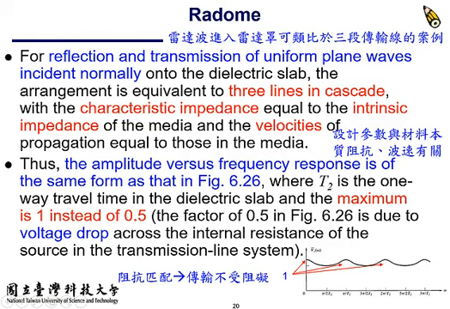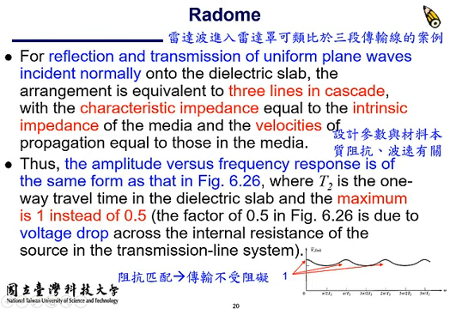想想看，为什么可以做成这个样子。For reflection and transmission of a uniform plane wave incident normally onto the dielectric slab, the arrangement is equivalent to the three-line cascade, as we have seen in example 6.3.